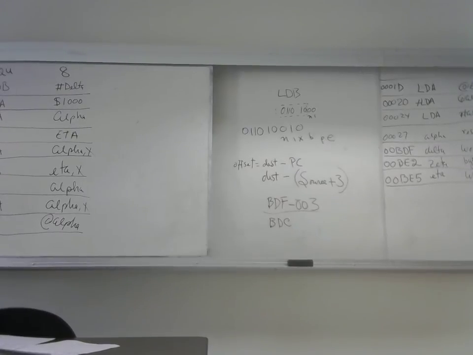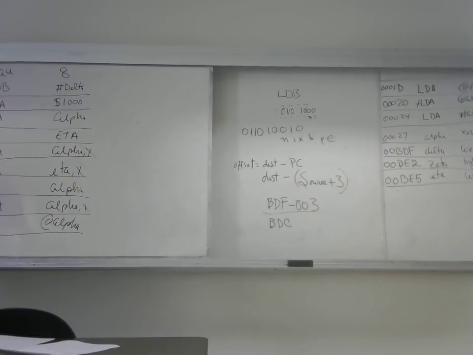Well, let me ask you this. If we're talking about a 3-digit, i.e. 12-bit number, is BCD positive or negative? Negative. How do you know it's negative? It starts with a 1. In binary, it starts with a 1.